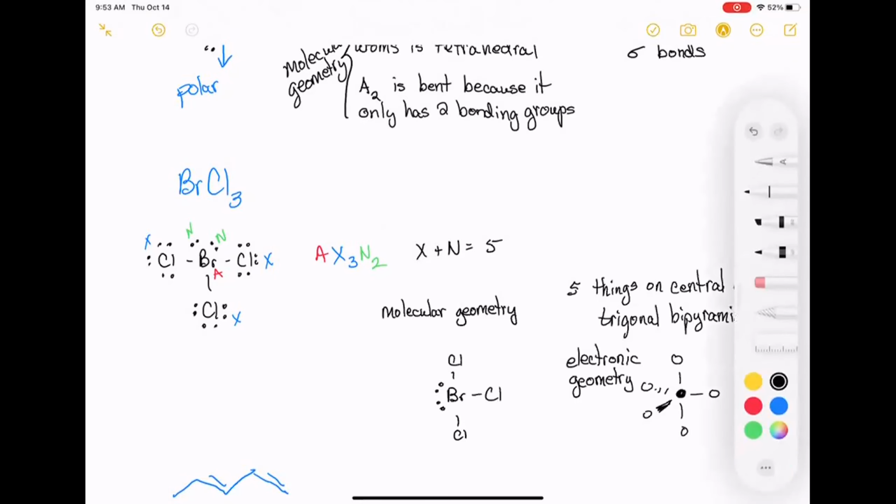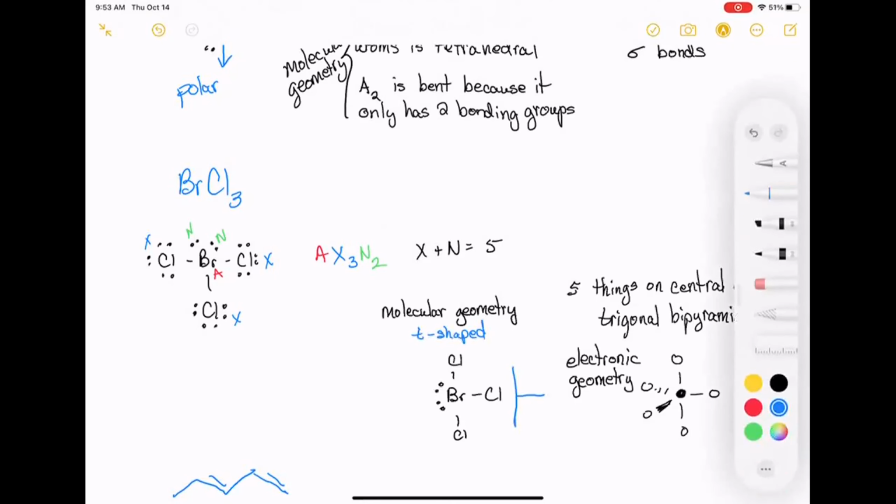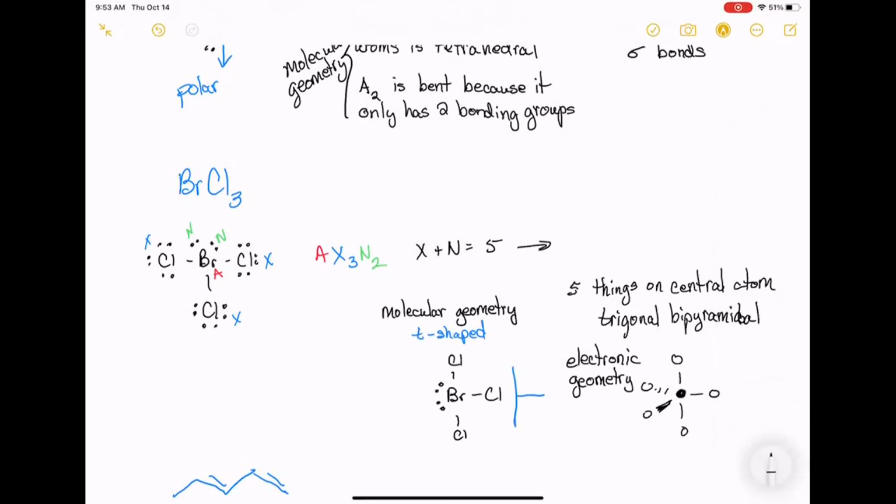When we name the molecular geometry, we do so based solely on the bonding groups, which if you were to rotate that, it looks like a T. So this is T-shaped. Since X plus N equals 5, we need 5 atomic orbitals. So we need an s and 3p, that makes 4, and then we add 1d. So bromine in BrCl3 is sp3d hybridized.